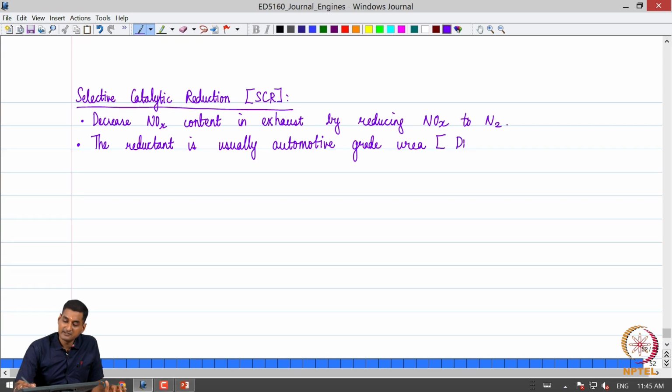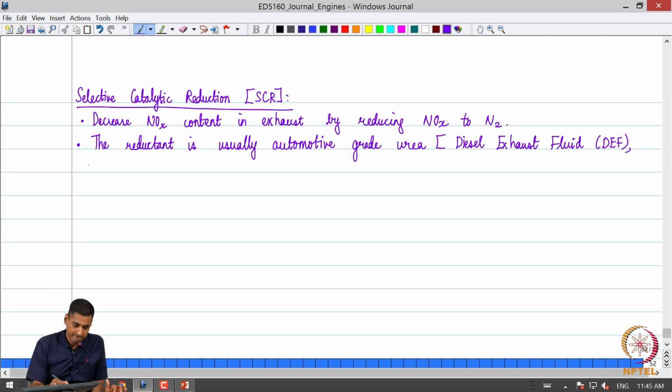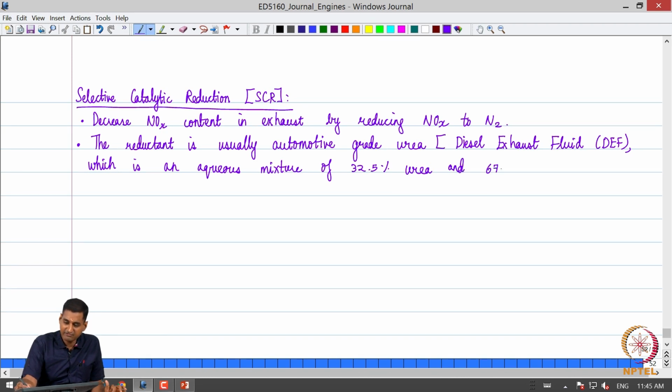It is also commonly called diesel exhaust fluid, abbreviated as DEF, which is typically an aqueous mixture of around 32.5% urea and 67.5% deionized water. So that is what is called the automotive grade urea or diesel exhaust fluid.